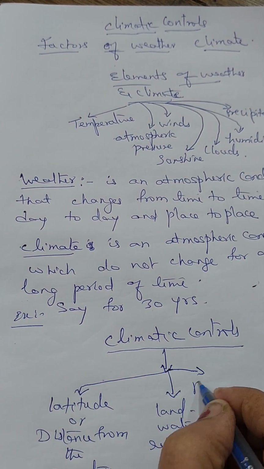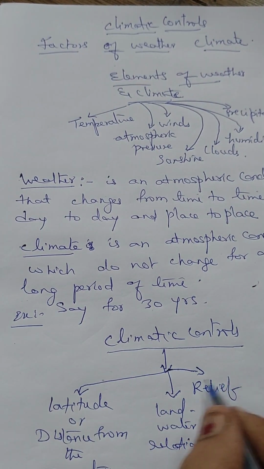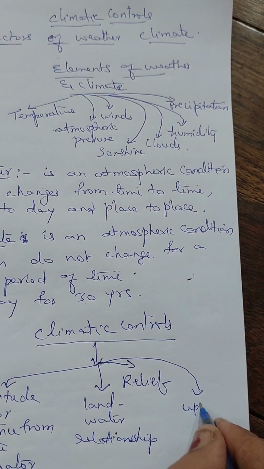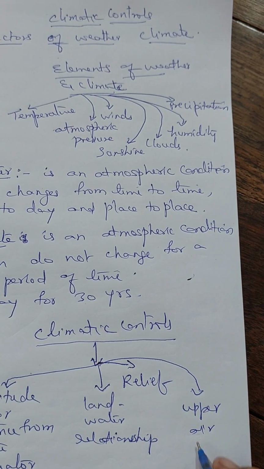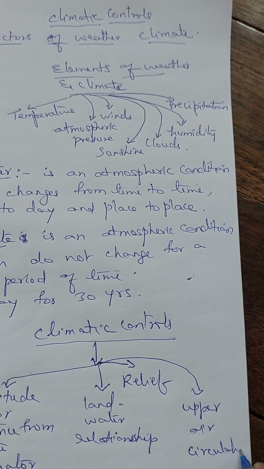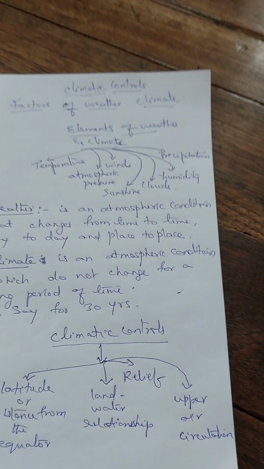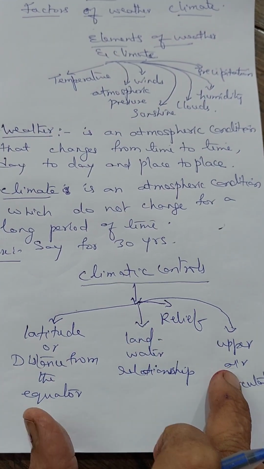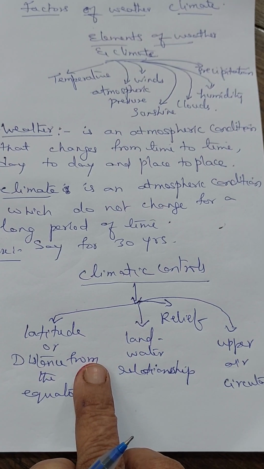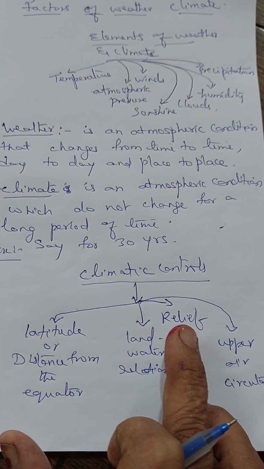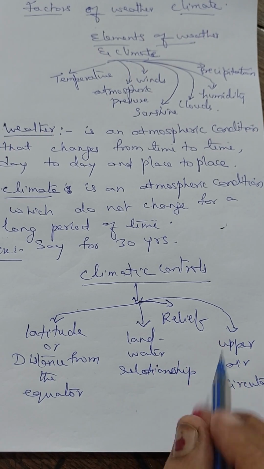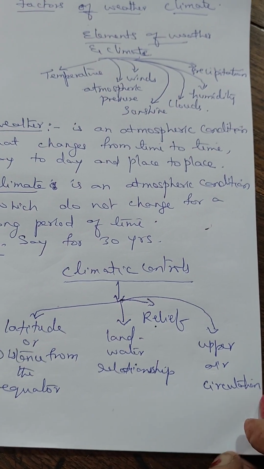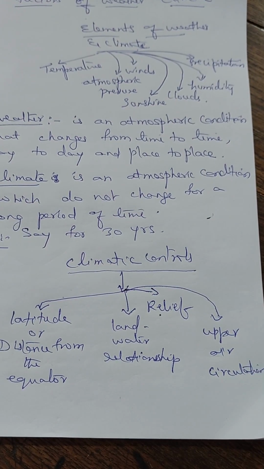Third is relief, that is the altitude, and the fourth is upper air circulation. So these are the 4 climatic controls, children. We'll understand each one in detail.